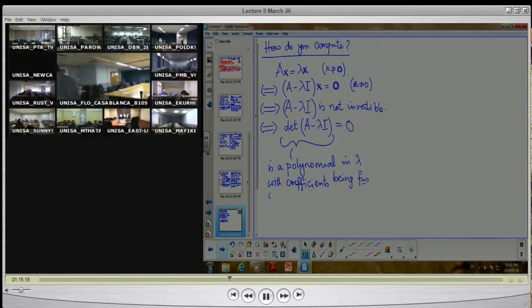In fact, not just functions, they are polynomial functions.